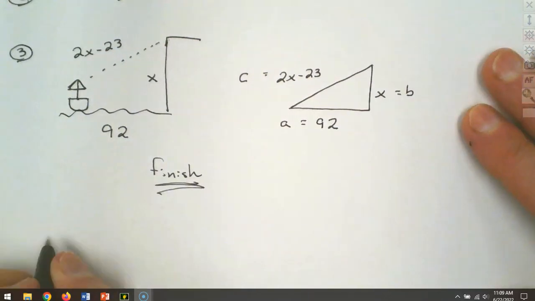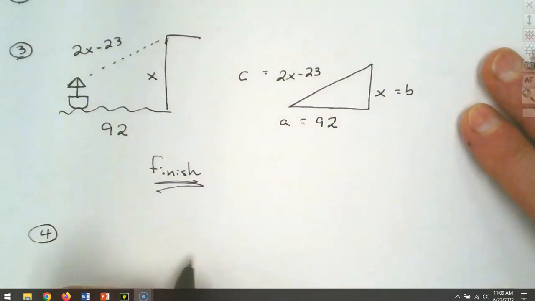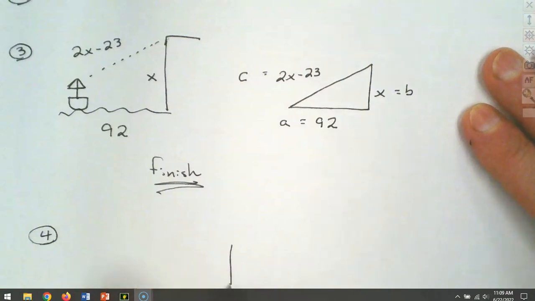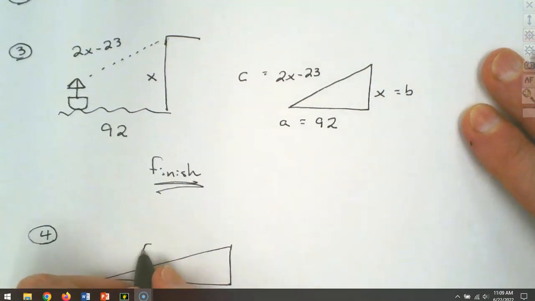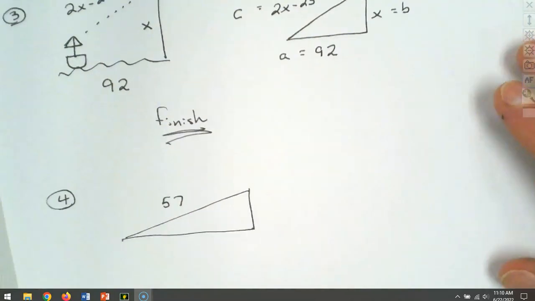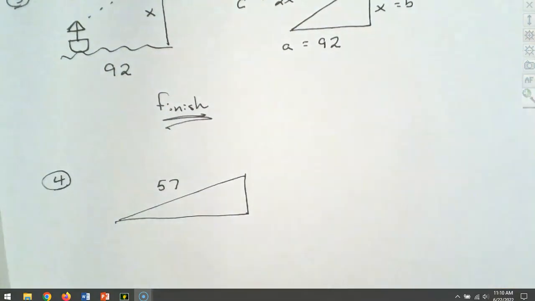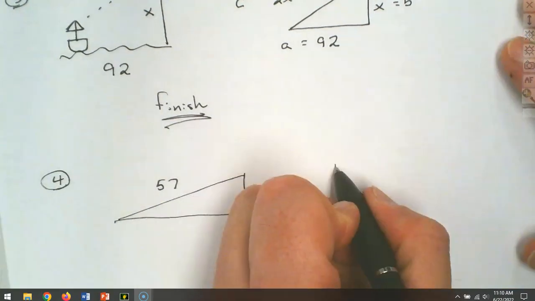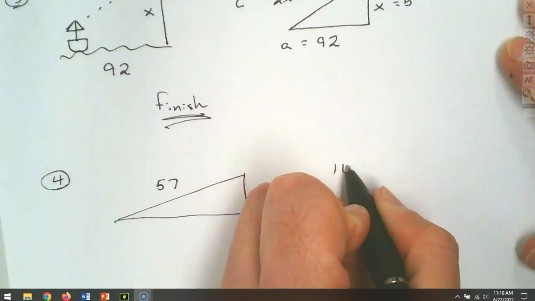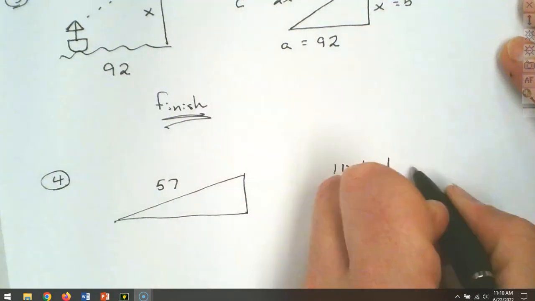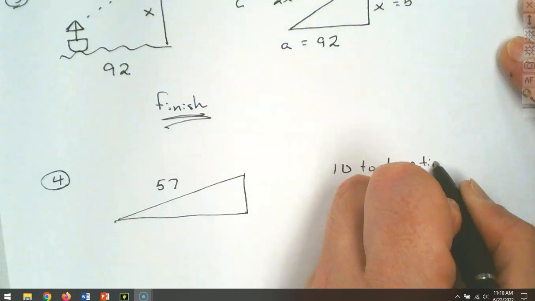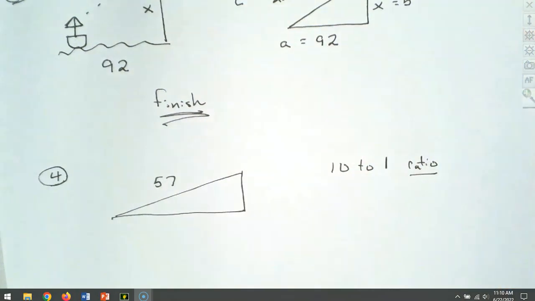So we know this ramp is 57. So that's what we've got so far. It tells us right there that this ramp is 57 inches long. Now we know it's a 10-to-1 ratio. What we do not know is the height of this ramp.